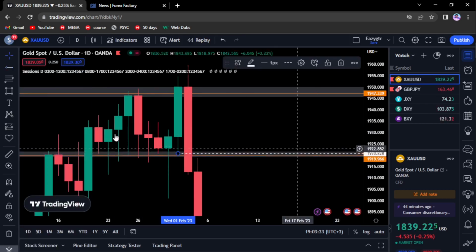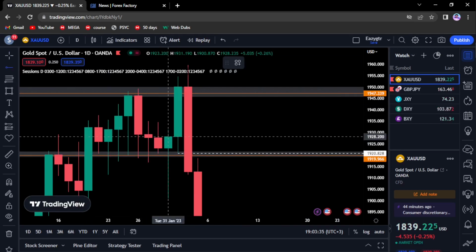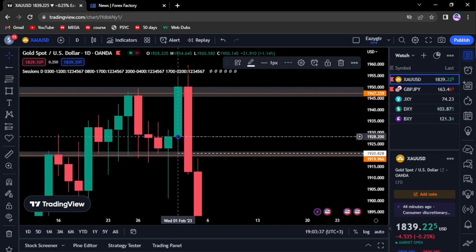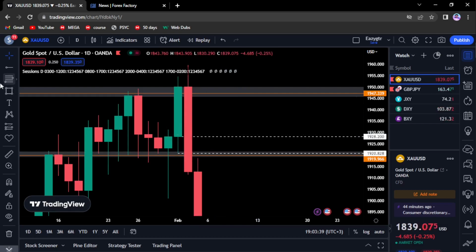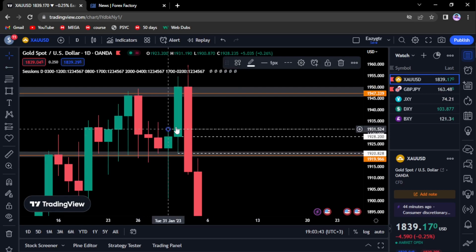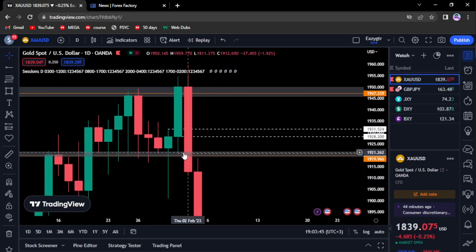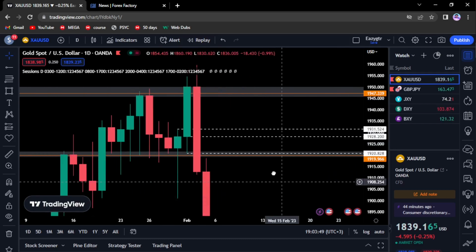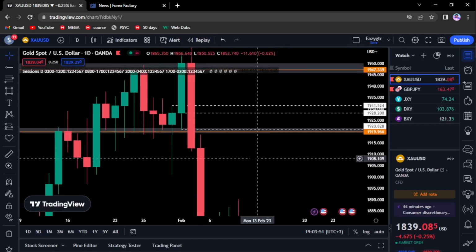The other percent I enter as the price flips, and the other one, if I'm using 3%, as the price breaks the high. These are riskier entries, but the stop loss will always be below the previous candle.